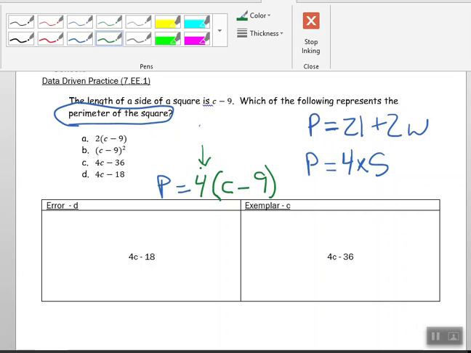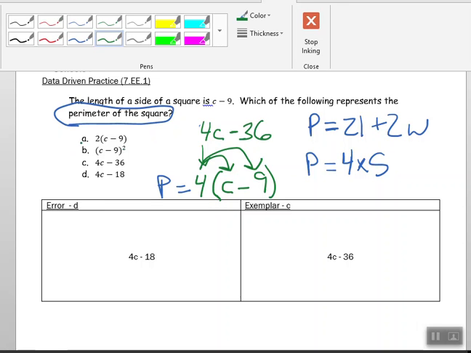So I'm going to use my distributive property. 4 times c is 4c, minus 4 times 9, which is 36. So I have 4c minus 36.